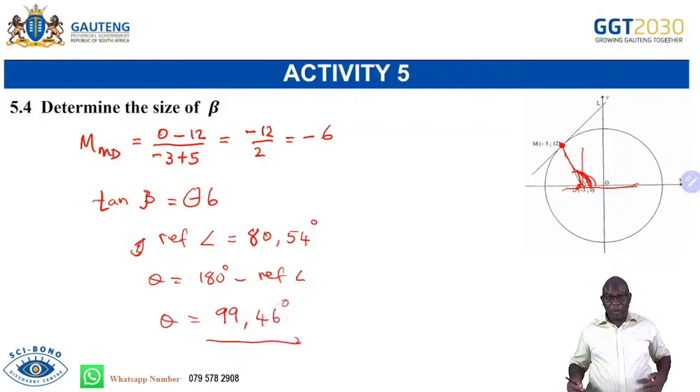I know in some of your schools, the teachers say shift tan and they put a negative, and then when they get the negative answer, they say plus 180. Well, if you get this answer, why not? You can still use that. But here, please write down, we know we don't work with negative angles in technical maths.